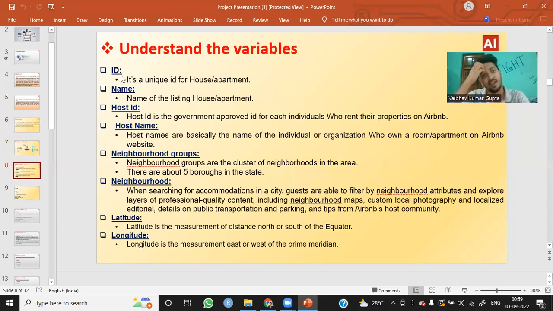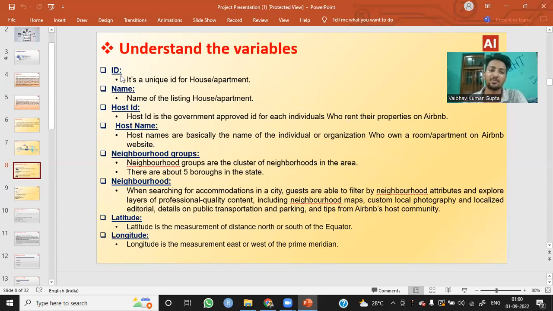ID is a unique ID for a house or apartment, and name is the name of the listing. Host ID is a government-approved ID for each individual who has rented their apartment on Airbnb.